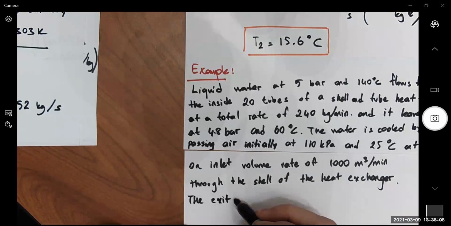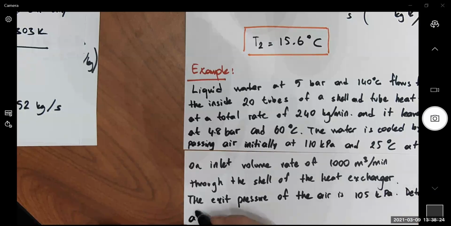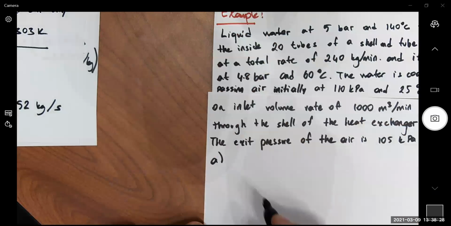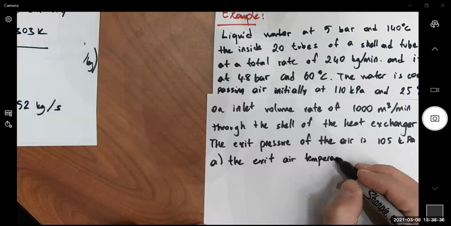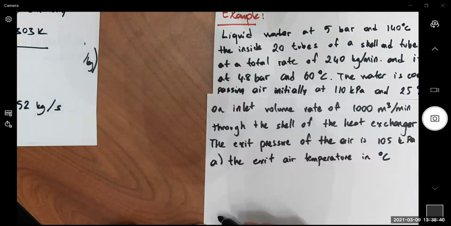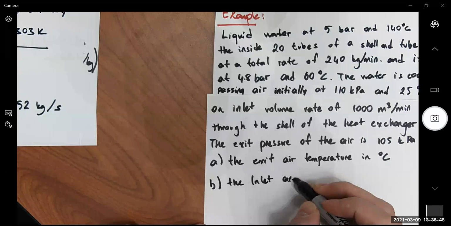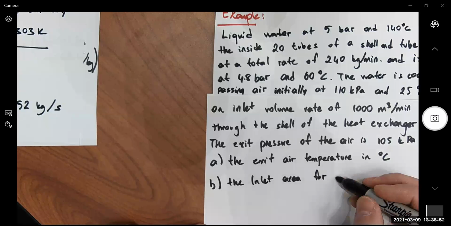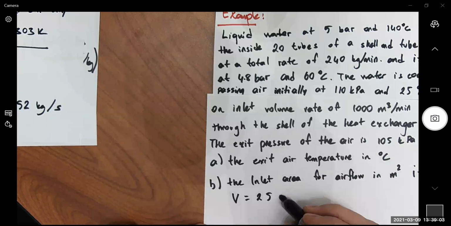The exit pressure of the air is 105 kilopascal, and we are asked to determine: A, exit air temperature in degrees Celsius; B, inlet area for airflow in meters squared if velocity is 25 meters per second.